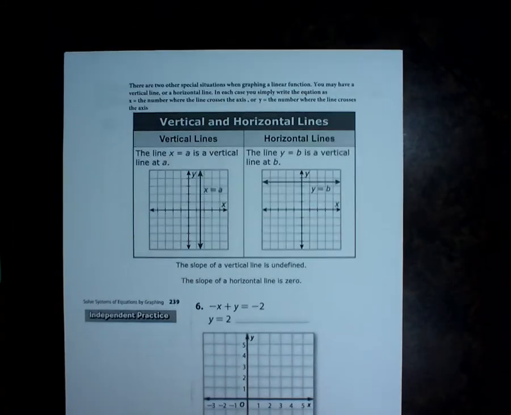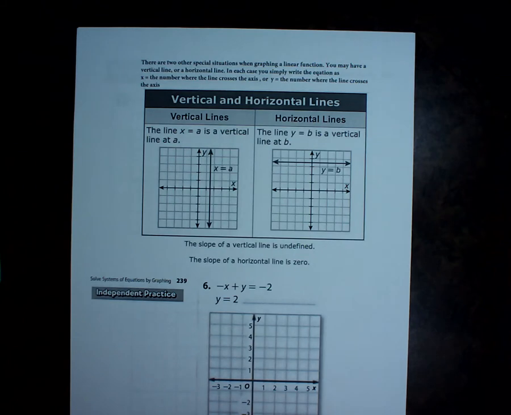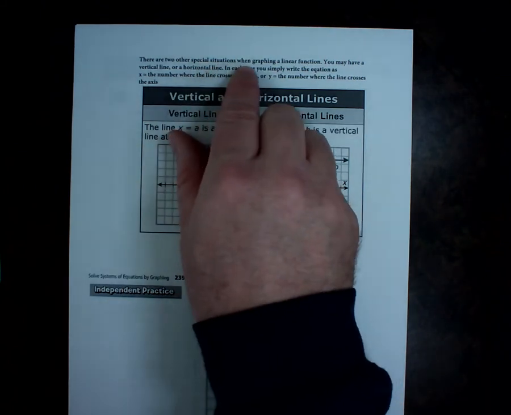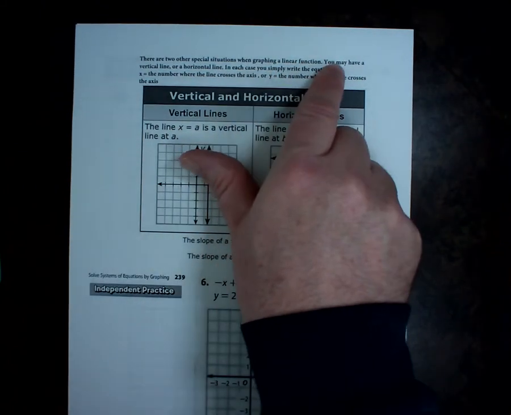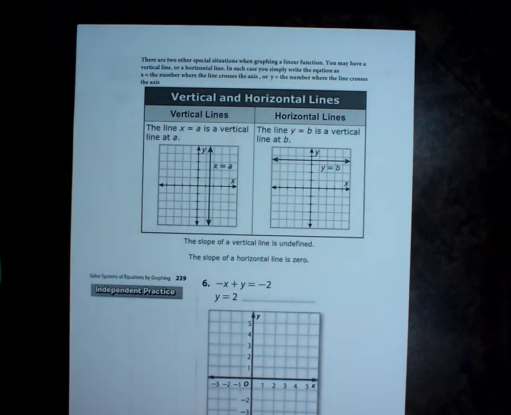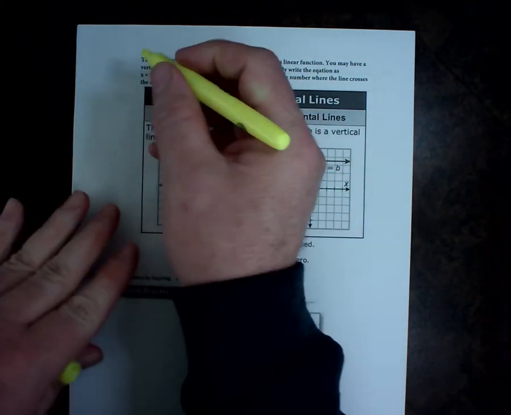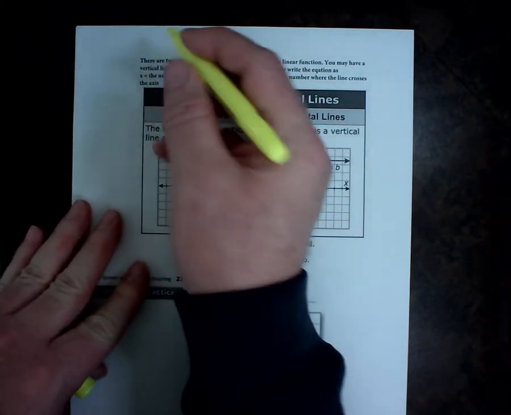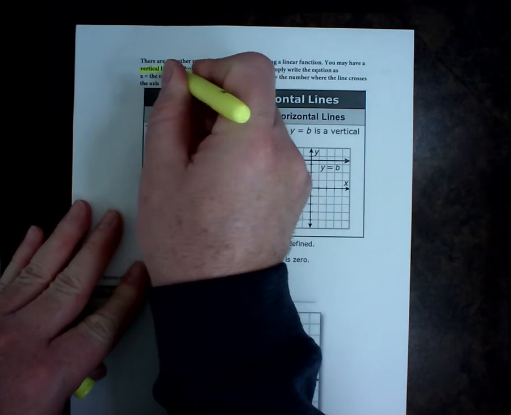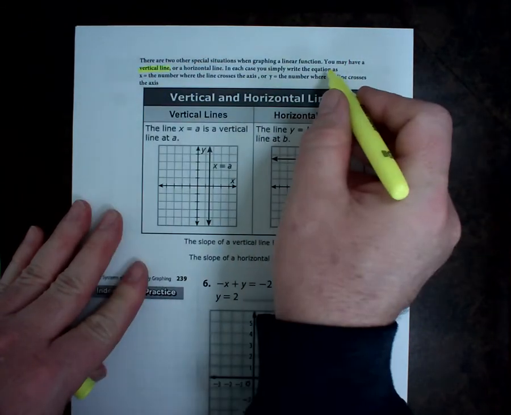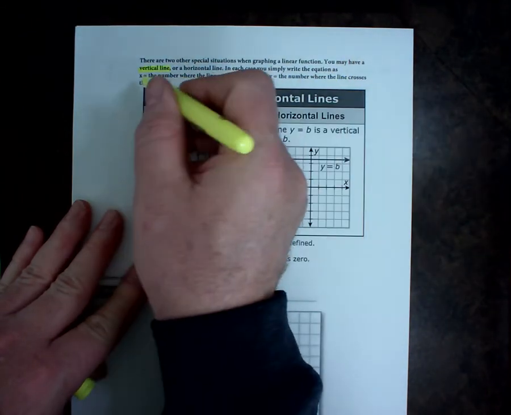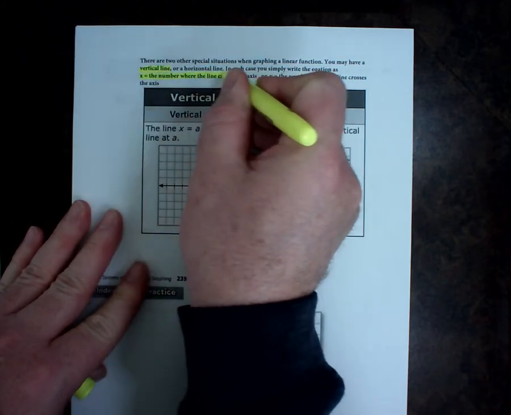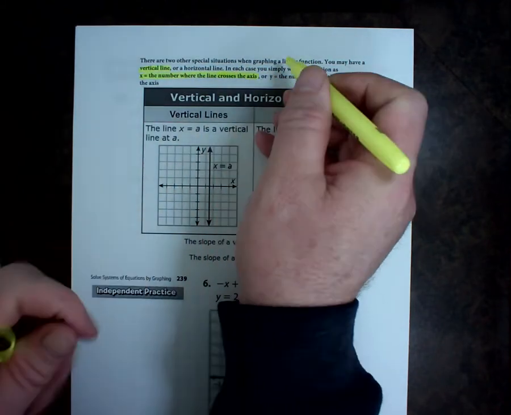Now we have two other special types of lines here. Two other special situations when graphing a linear function. You may have a vertical line. So a vertical line, x, you just write it as x equals the number where the line crosses the axis.